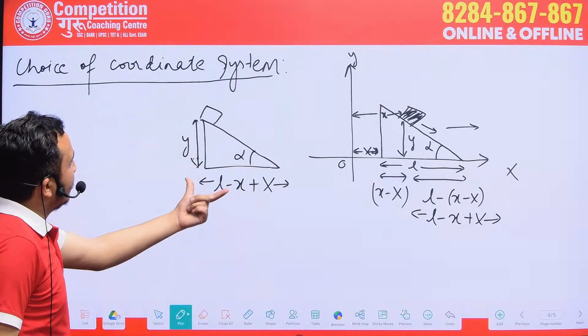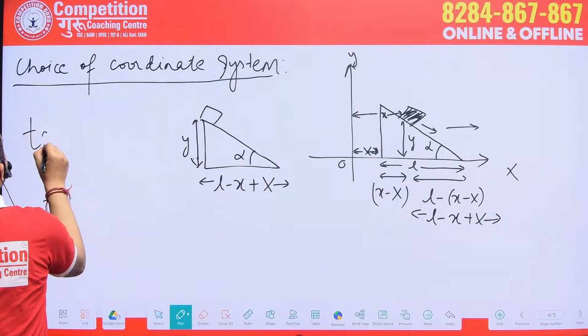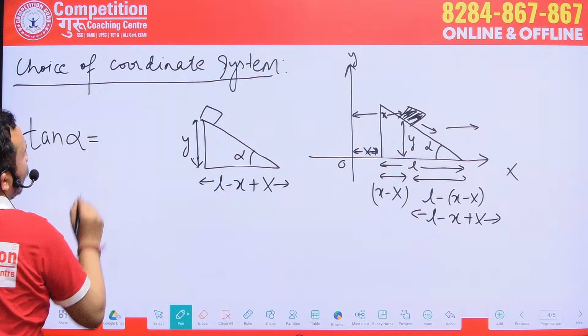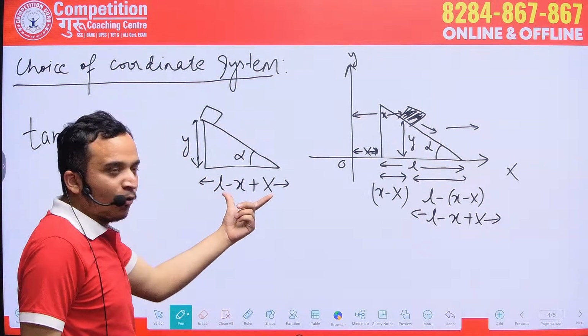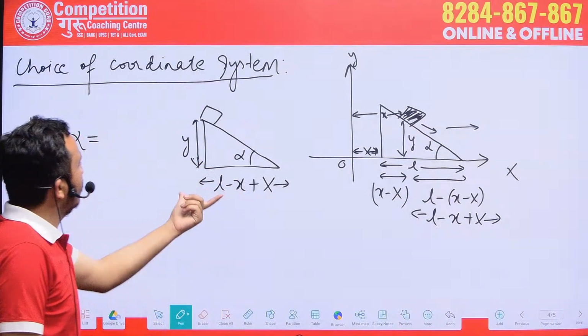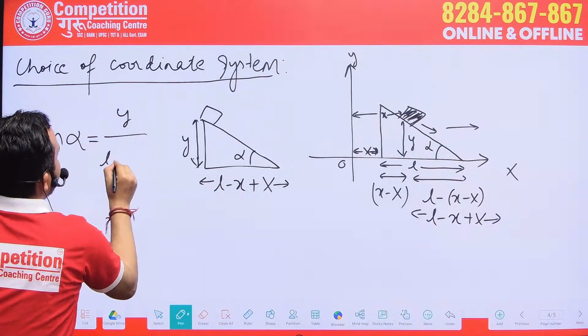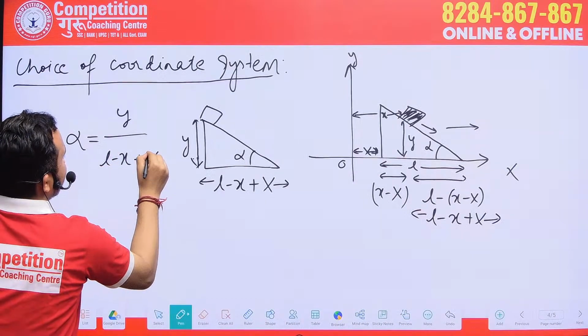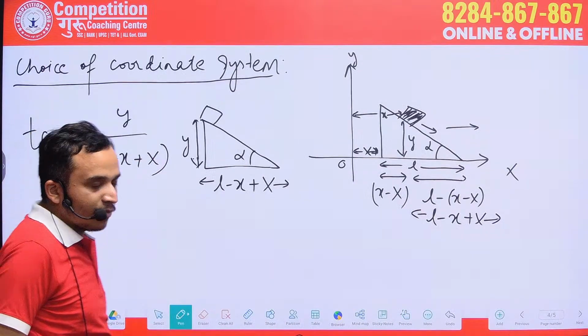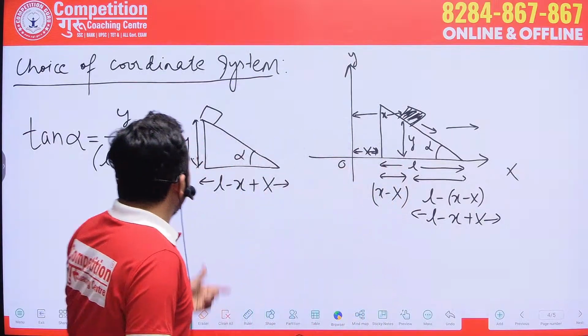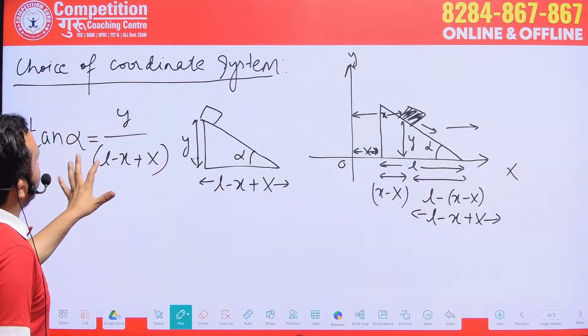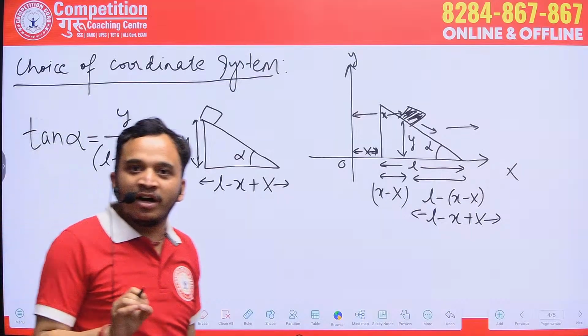So from trigonometry, tan alpha is equal to perpendicular upon base, P by B, that is y divided by L minus x plus X. Now from this equation we can find the relation between the different coordinate systems.